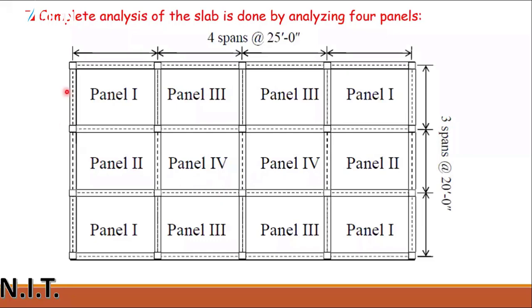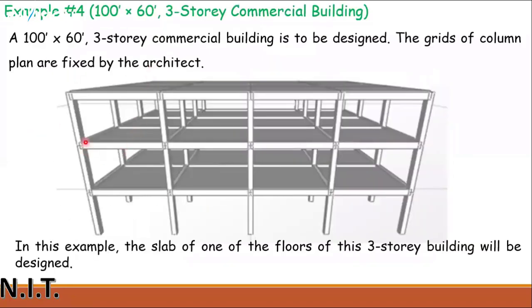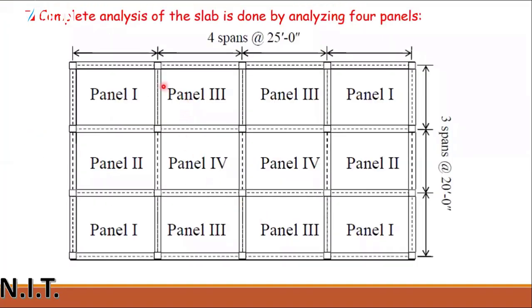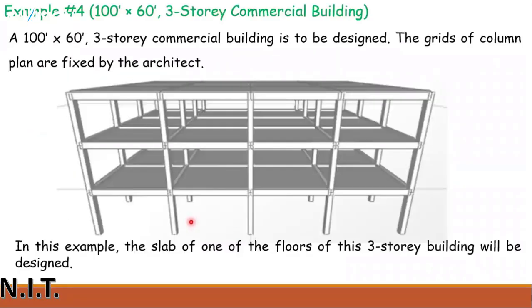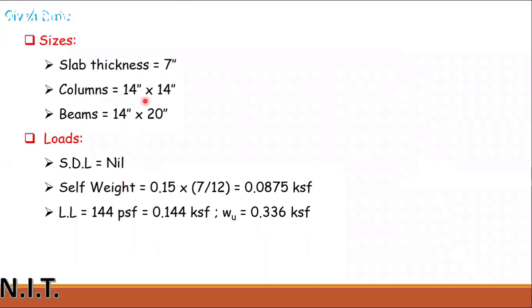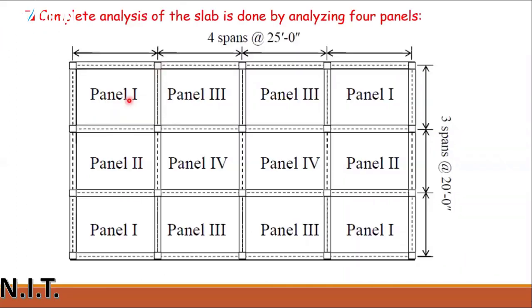Clear? These small boxes are the columns of this building. This vertical line shows the columns. This dotted line shows the center line of this building. As you can see, the column dimension is 14 inches.